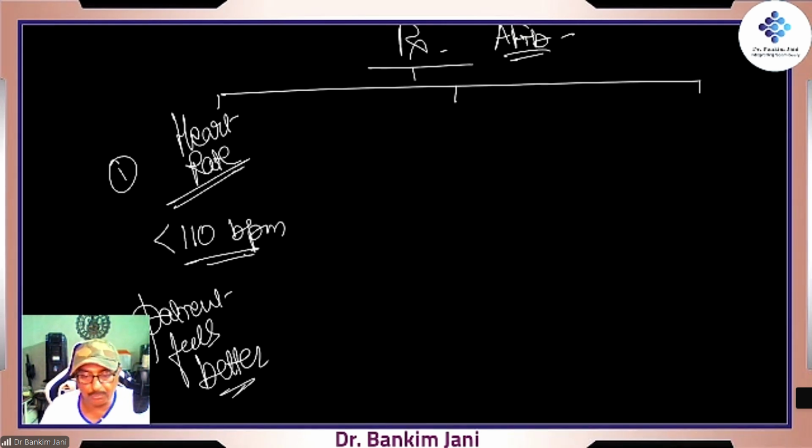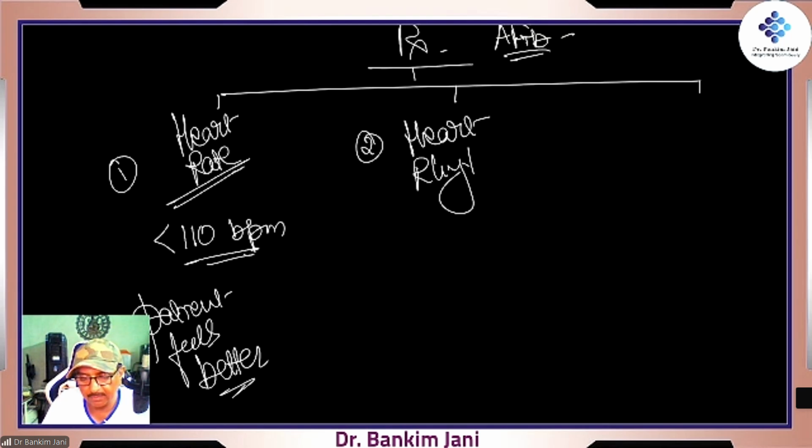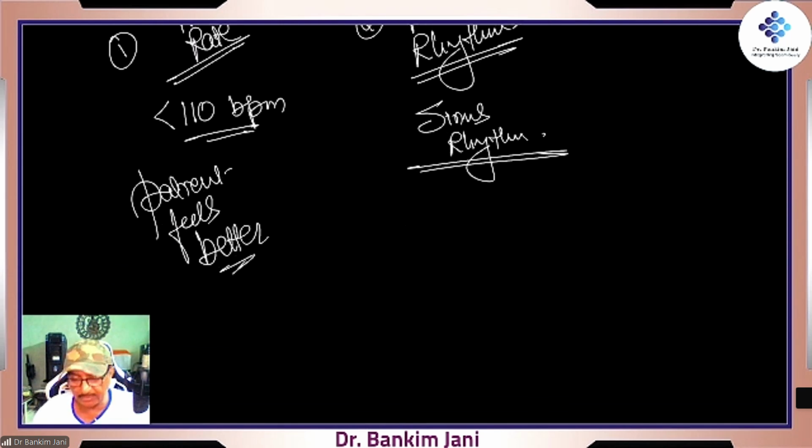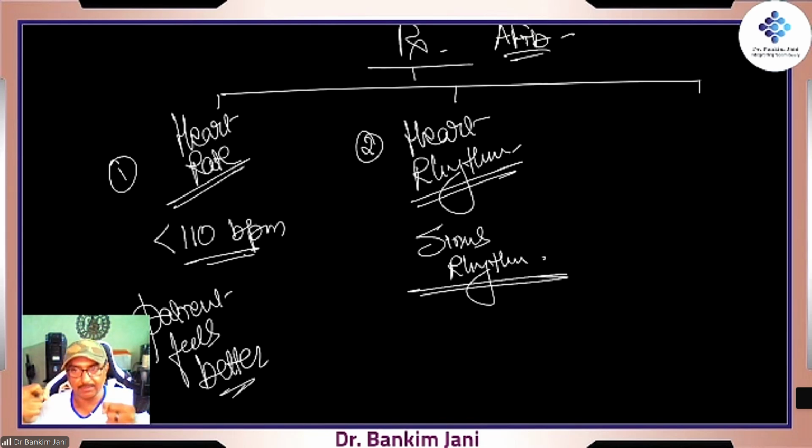The second thing you will do is you need to get the heart rhythm back. Which rhythm? Sinus rhythm. We want sinus rhythm, and for the restoration of sinus rhythm, we need to go for cardioversion. I'll show you that defibrillator. And third, what we already discussed, anticoagulant.